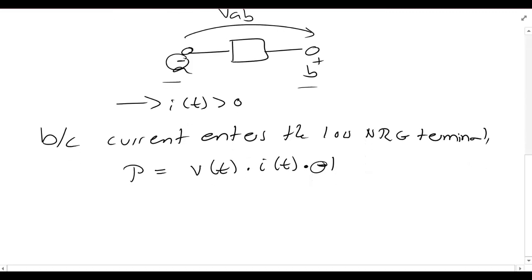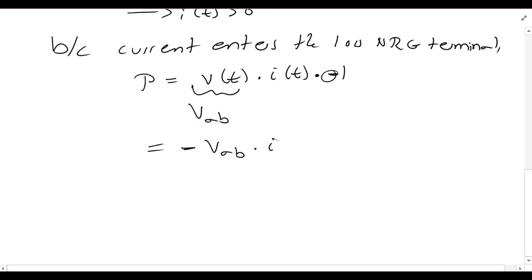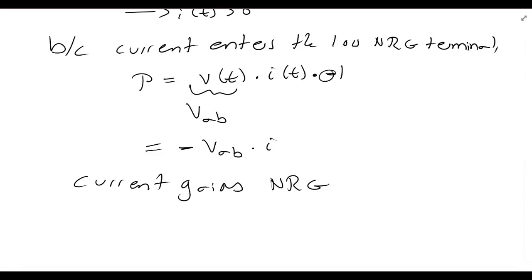In this case, my voltage was VAB and my current is I of t, so this might more compactly be written as negative VAB times I. Recall that this means the current gains energy, but last video we talked about considering what happens to the element's energy.